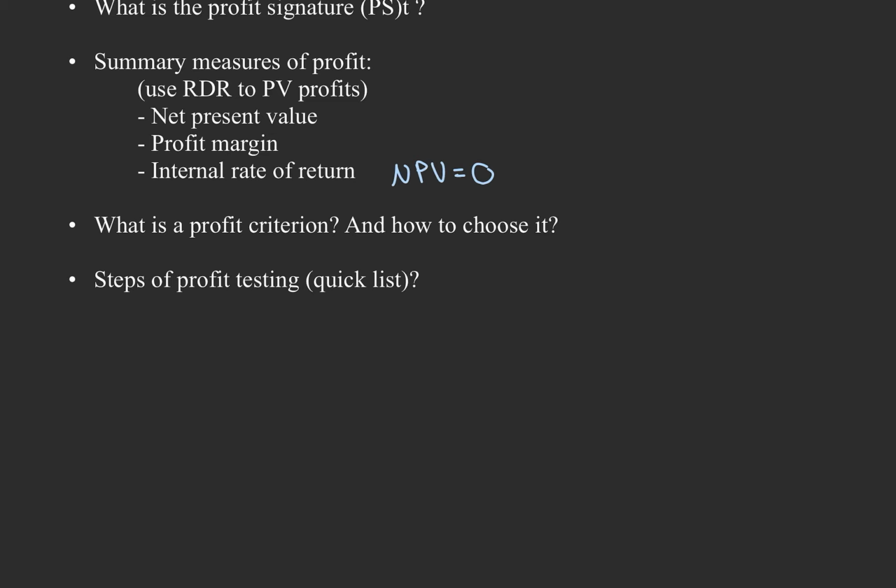All right, now what is a profit criterion and how do we choose it? So a profit criterion is something that the insurance company will use in order to make sure that this contract is something that's worthwhile to them, and this profit criterion is going to be an objective. It's the objective specified for the expected level of profit, and that's called the profit criterion.